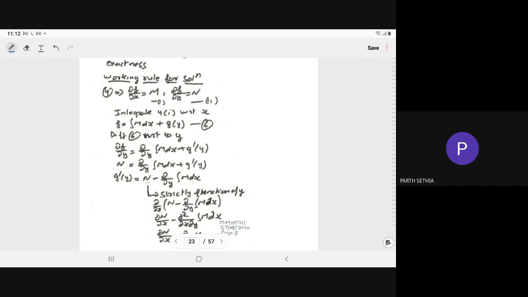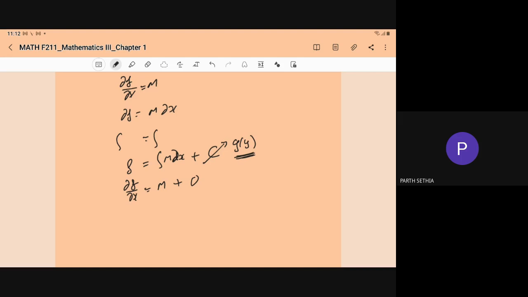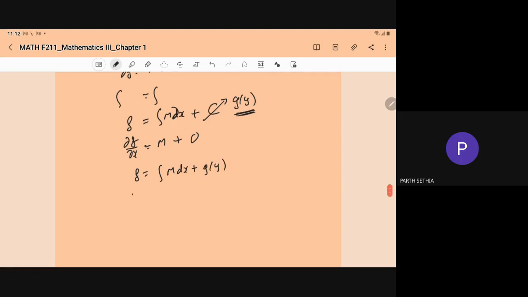So we will get del f by del y as the partial derivative of the integral of m dx plus g dash y.